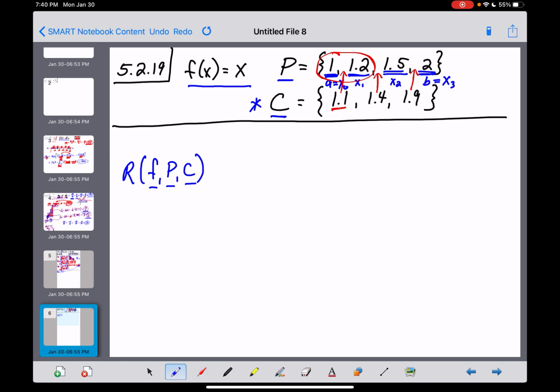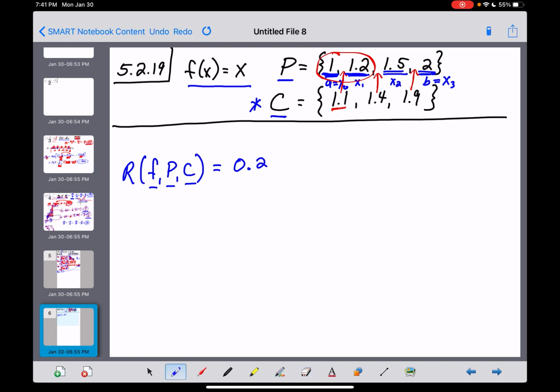So here's what's going on here, guys. They really want us to come up with a Riemann sum right here with 3 rectangles, so let's get to it. The first rectangle, guys, starts at 1 and ends at 1.2. So if you're comfortable looking at that and just saying the width of that rectangle is 0.2, go ahead and do that. If you wanted to slow it down, you could say B minus A, but I think everybody can look at that and figure that out.